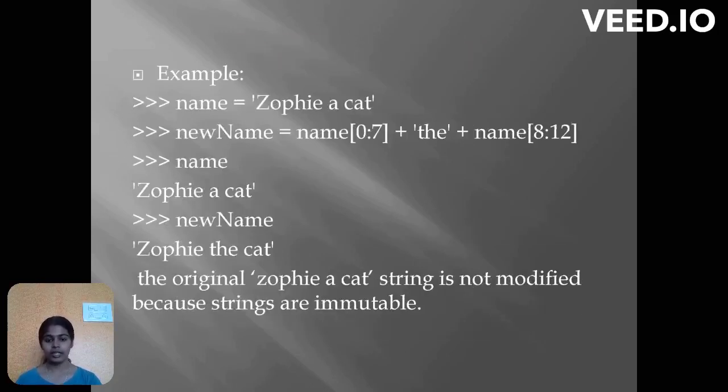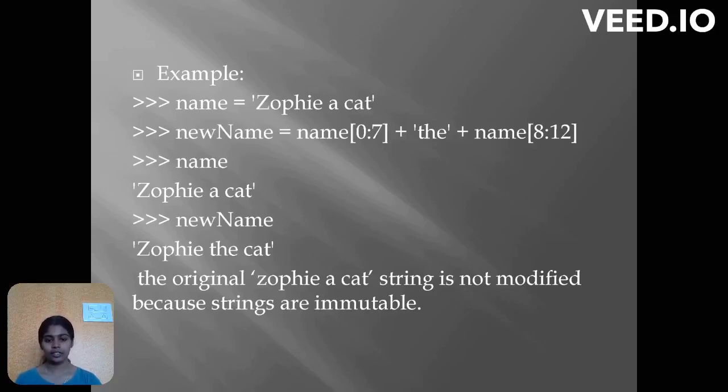So let us look into the example. Here we have the variable name, the same example as in the previous slide, and we are slicing and concatenating. We are using the indexing method as well here. So name[0:7] gives us "Zophie", because we know that the ending index value is not included. We are concatenating this with the string "the", and again we are accessing name[8:12].